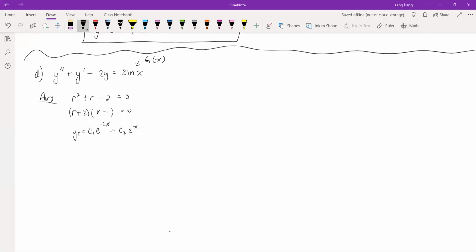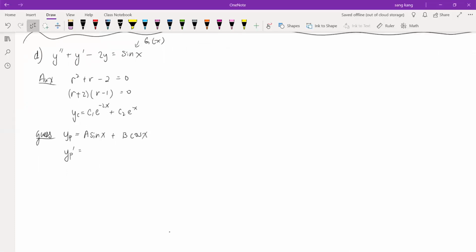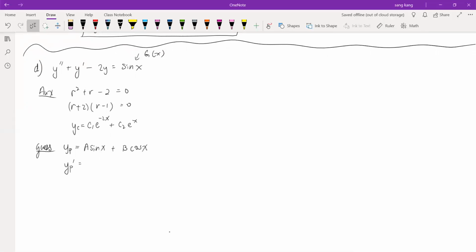And now we guess our particular. So this will be in the form of a sine x plus b cosine x, so we need both sine and cosine terms. Now we'll need to find the first and second derivative so we can solve for our coefficients when we plug back into our differential equation.